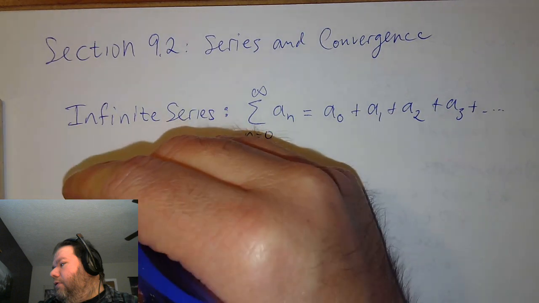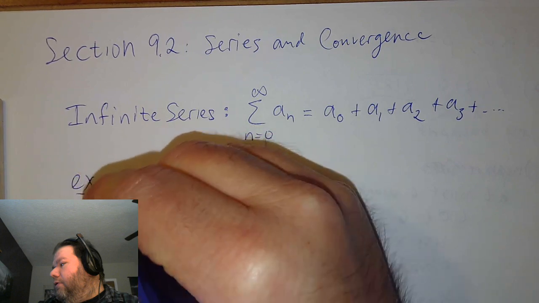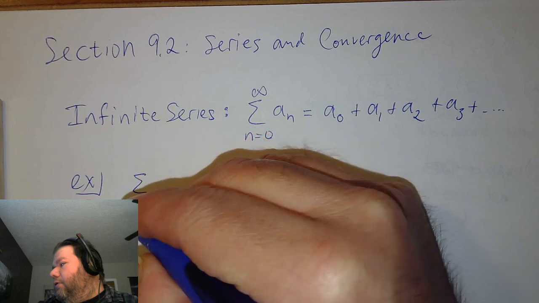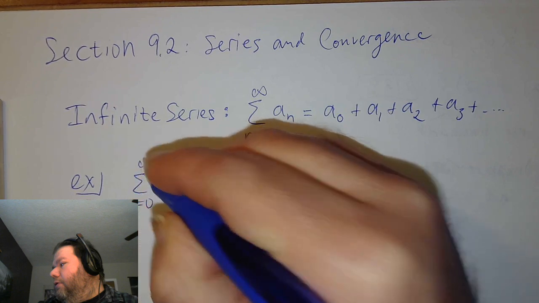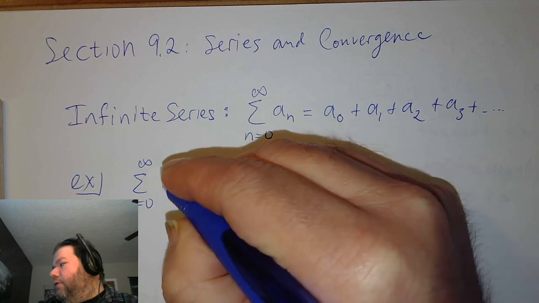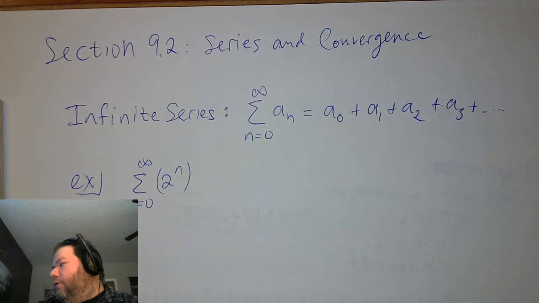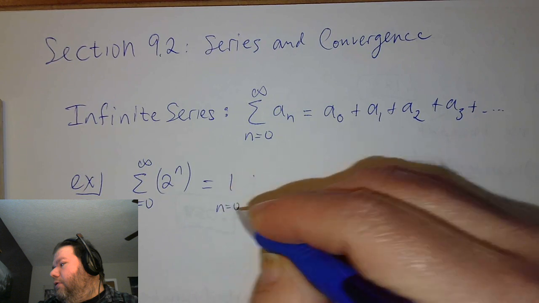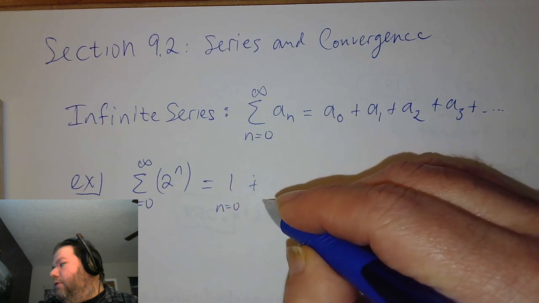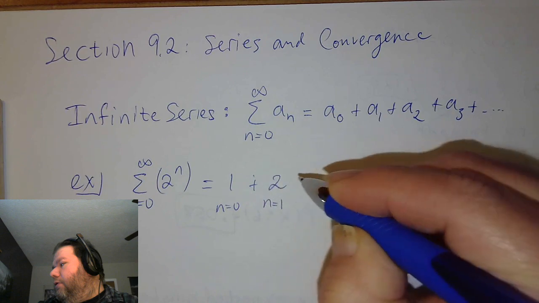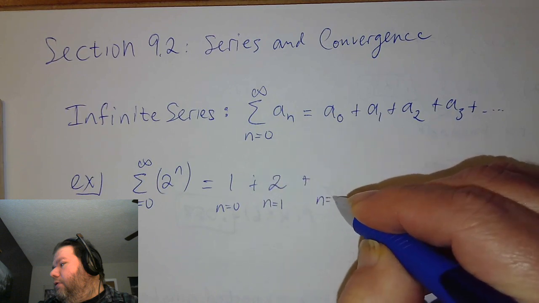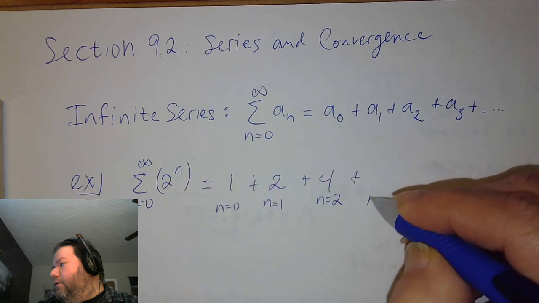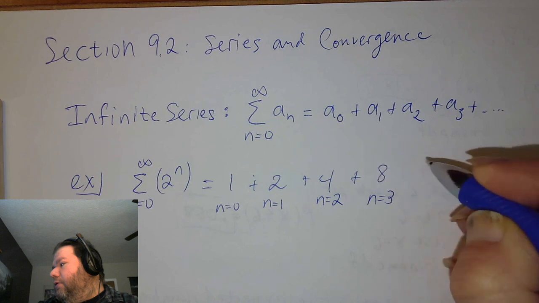So if we had, for instance, let's see, the sum n equals 0 to infinity of 2 to the n. This would be 1 for n equals 0. N equals 1 would give us a value of 2. N equals 2, 2 squared, would give us 4. N equals 3 would give us 8.